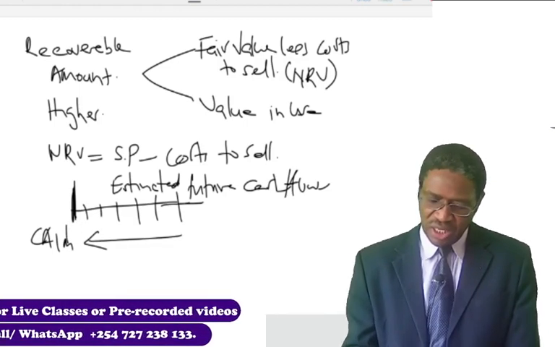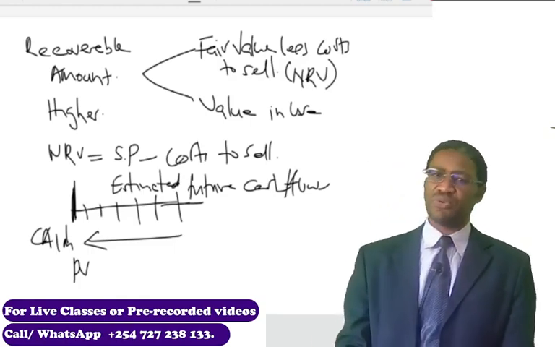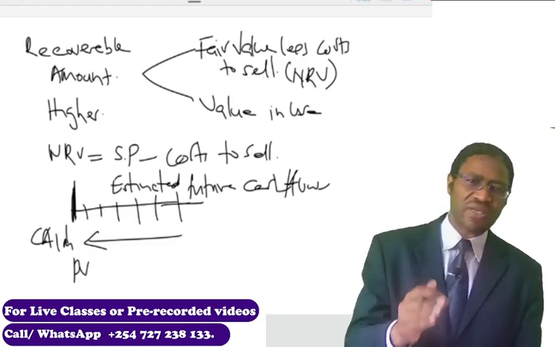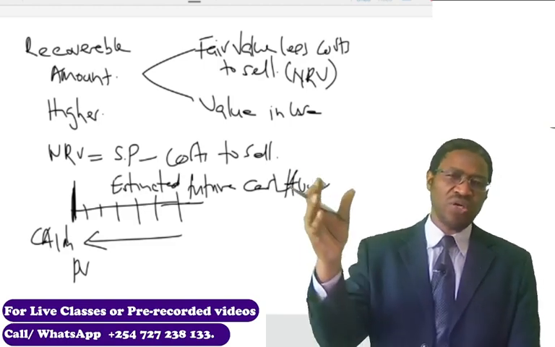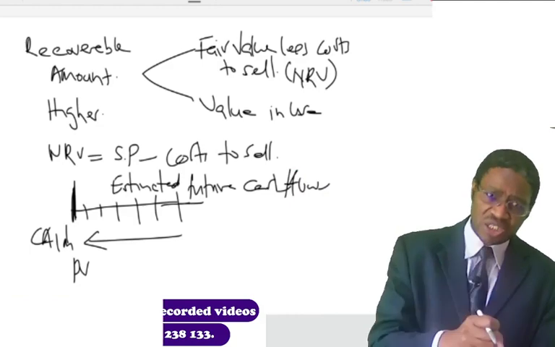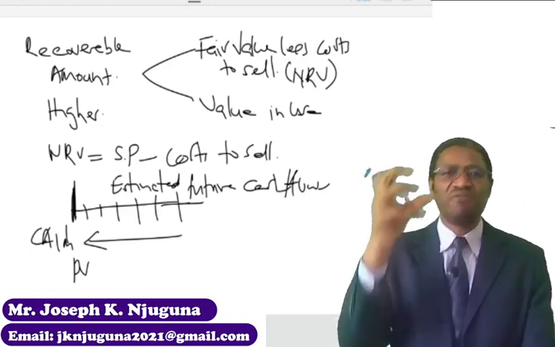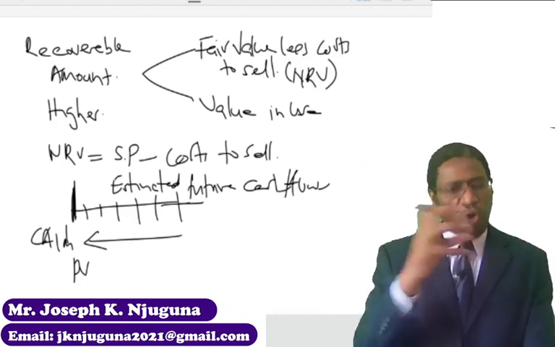If you get the present value of all the estimated future cash flows, that value you get is what we shall be calling the value in use of the asset.